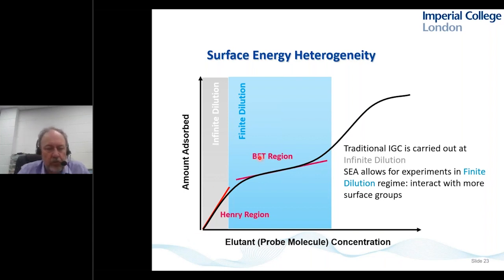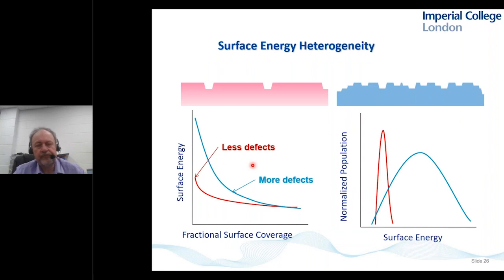So typically we're working in the region up here, at the start of what's called finite dilution or finite concentration. In other words, relatively high surface coverages, where the molecules sample anywhere between 5 and maybe 30% of the surface. That's the extent of coverage we're aiming for in these experiments.